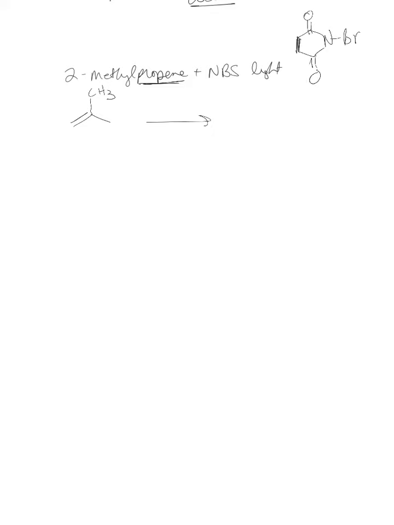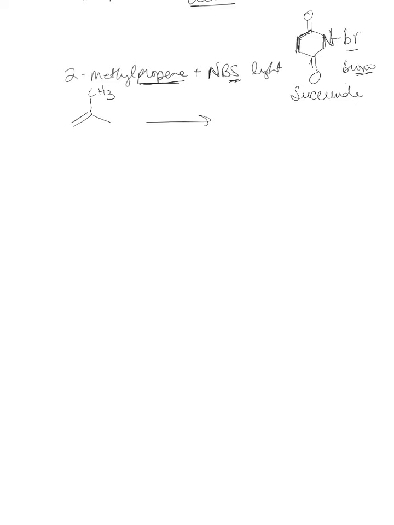N-bromosuccinimide is this compound here, and so that's N. This is succinimide. That's what the S stands for. B stands for bromo, and the N is because of the nitrogen here. So that's your reagent, N-bromosuccinimide.